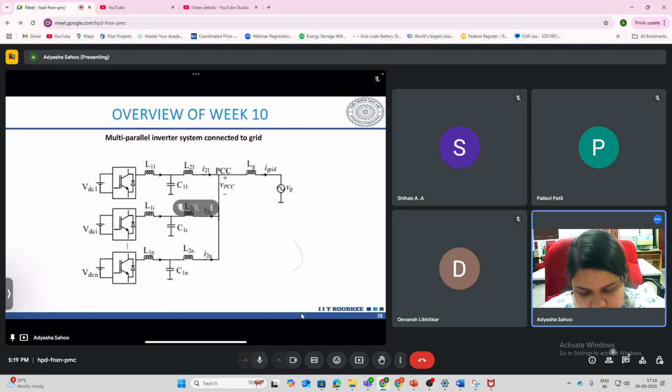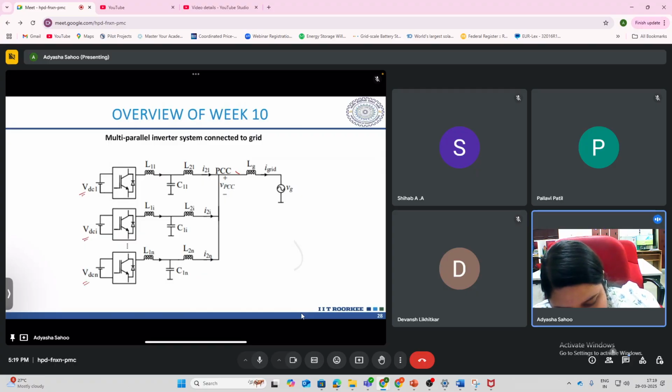Yes, lastly then we have the multi-parallel inverter system. Similarly, as we know, we can expand the generation resources by adding them in parallel, and also we can do that for transformers. Same thing we can do for the inverters also. In the inverter, you see this is inverter 1, inverter 2, up to inverter n.